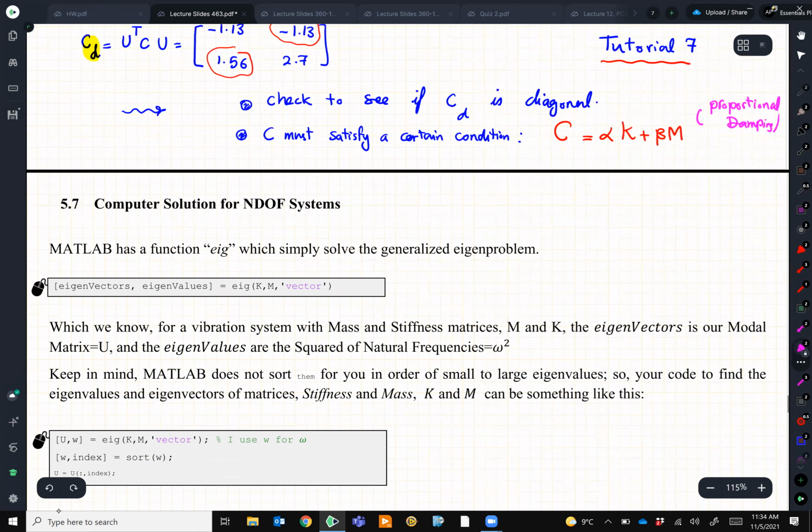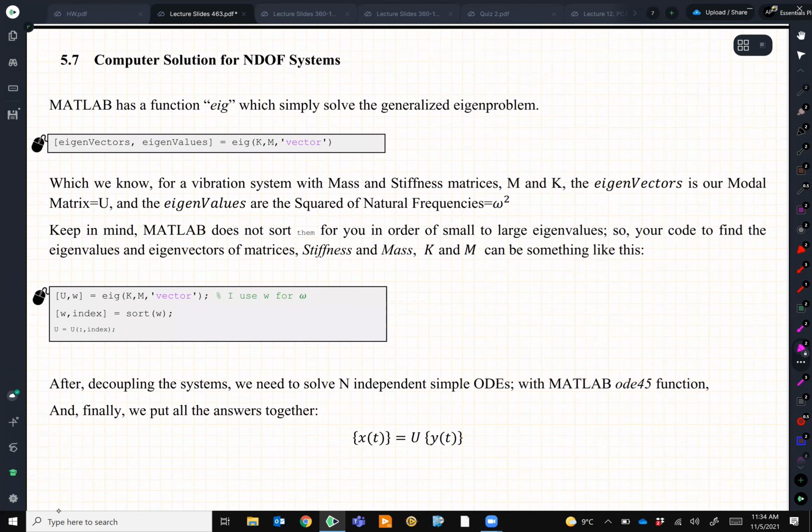Okay, so section 5.7 is just a computer solution. I just wanted to show you how easily you can use a computer to find the eigenvalues and eigenvectors. I'm sure you're all masters in using MATLAB or Python, and you need it for your course final project and also for the experiment.